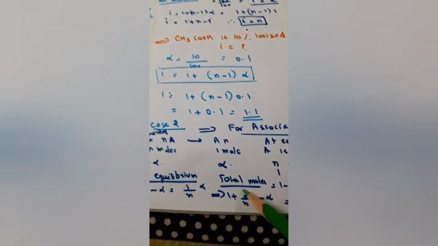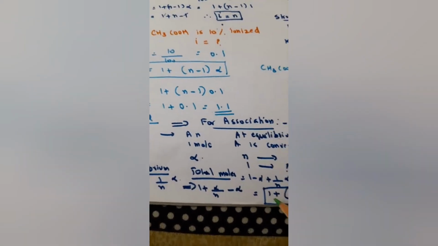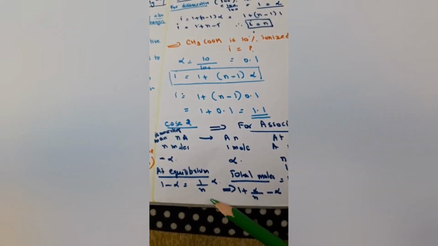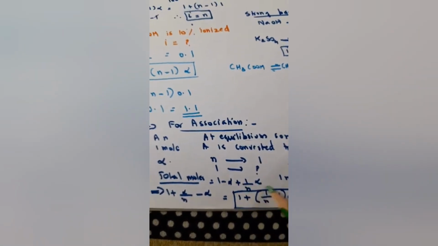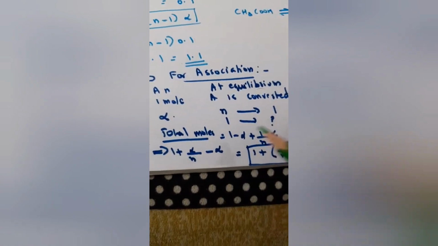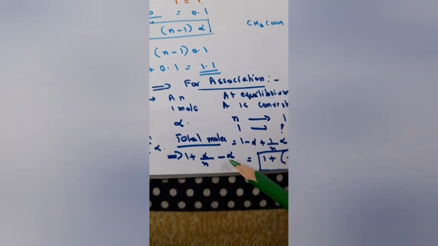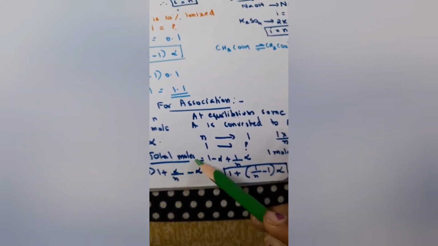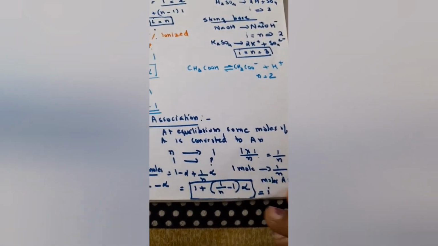So the total number of moles will be equal to 1 minus alpha plus alpha by n. We are combining these two alpha terms together. So 1 into alpha is alpha, alpha divided by n minus alpha. When you combine these together, you get 1 plus (1 by n minus 1) into alpha. That is equal to i. So this is how you calculate the Vant Hoff factor for association.